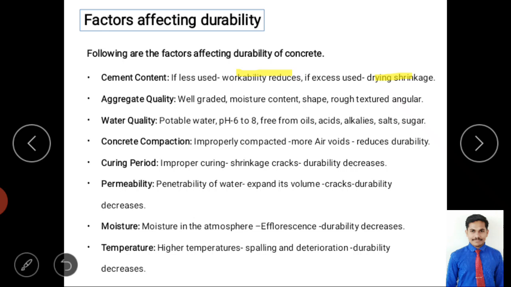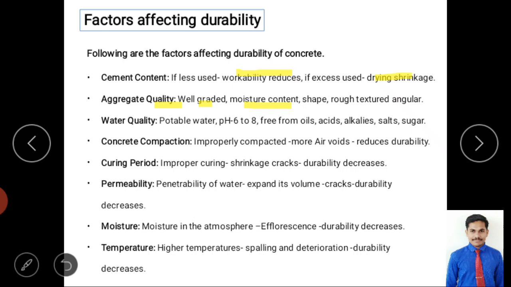Next we'll go to the next factor, aggregate quality. Aggregate is one of the materials required for preparation, but here we are mainly dealing with quality. First, well graded aggregate is required, with proper proportions of different sizes like 10 mm, 15 mm, because some concrete requires smaller sizes and some requires bigger sizes. That's what well graded means.